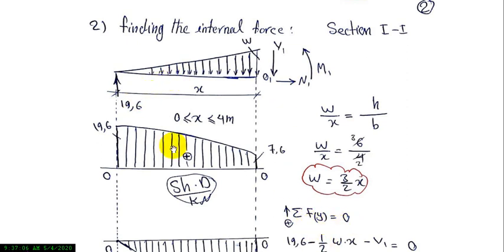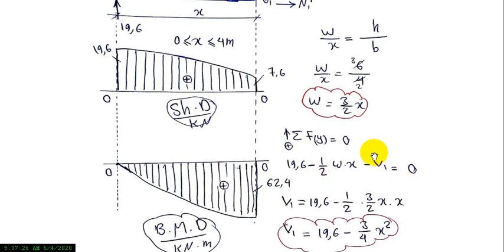So we can write 19.6 minus 1/2 w multiplied by x minus V1 equals 0. So V1 carries over the equation, and it's equal to 19.6, and we put the price of w in this part.